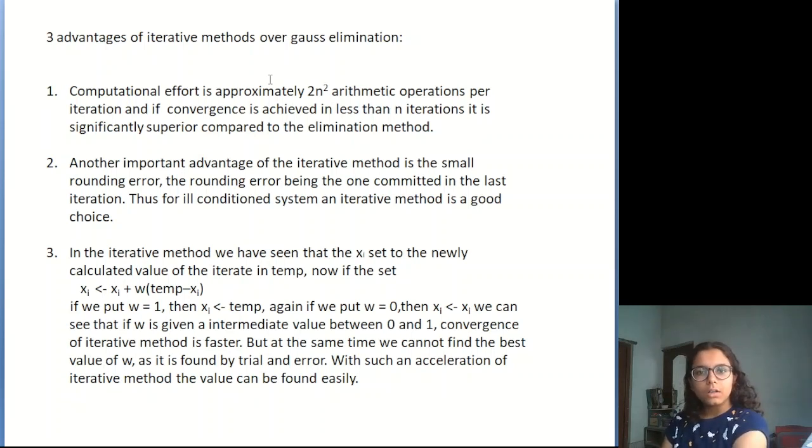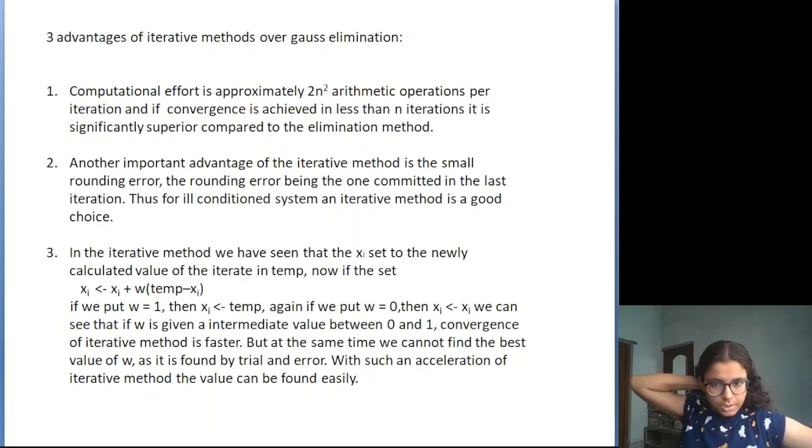For the third advantage, in the iterative method, x_i is set to the newly calculated value of the iterate. The equation is x_i = x_i + w(x_i_new - x_i).